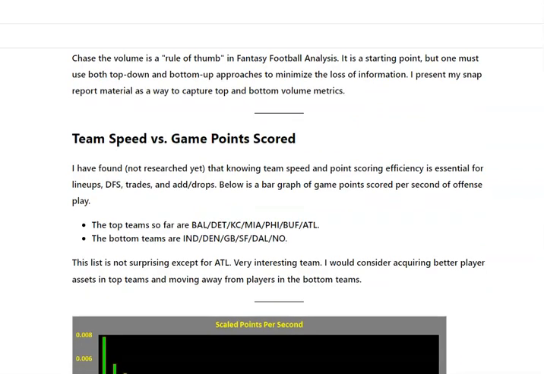So the first topic, I change this around a little bit each week. We're talking team speed versus actual game points scored here. That's not PPR points. This is game points. Okay. I hadn't done that, but I think knowing the team speed and point efficiency gives you that edge.